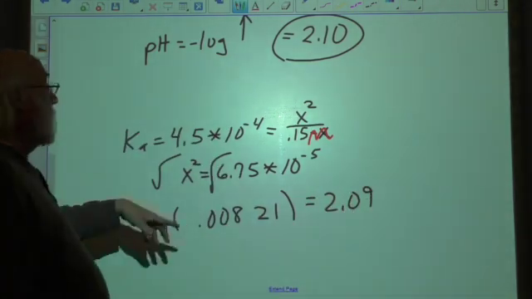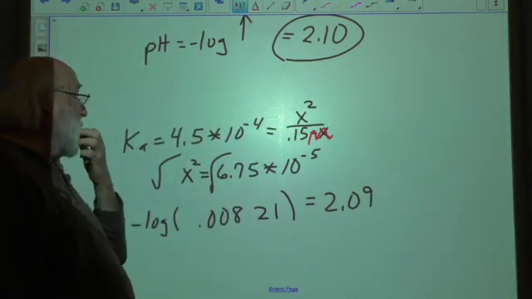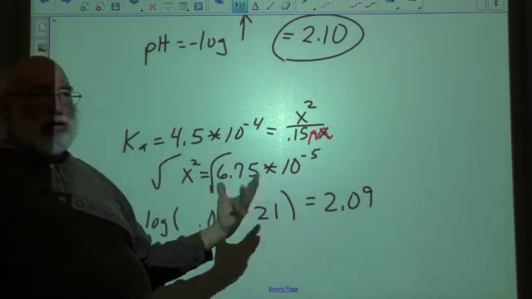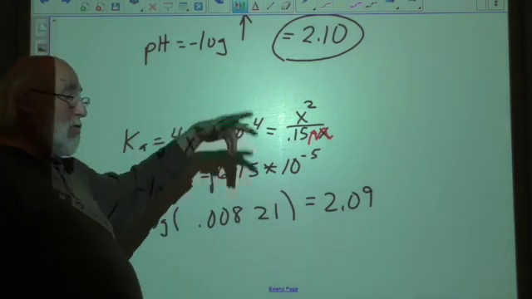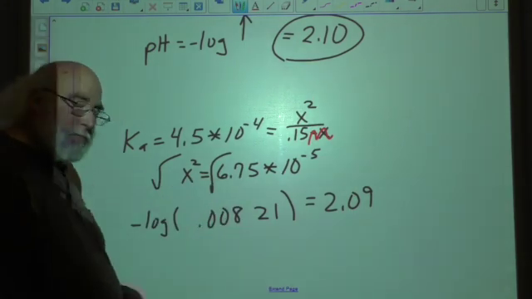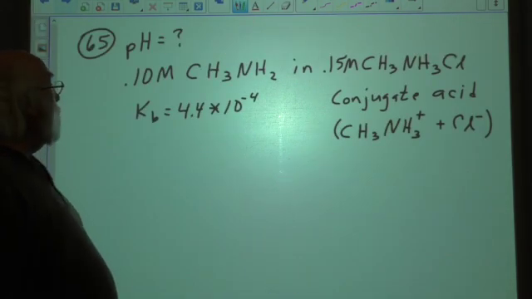And the answer is 2.10. You probably could get away with doing it this way, but I think it's safer to wait until you get all the way to 10 to the negative fifth. And I think you will actually see that the same number comes up. So there's a slight difference, but make sure it's 10 to the negative fifth.